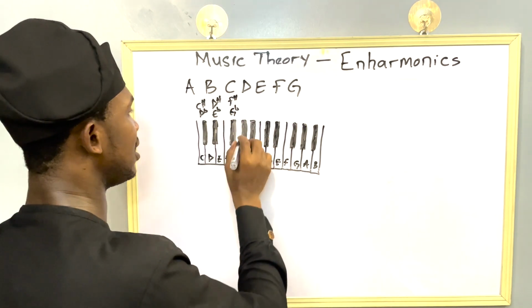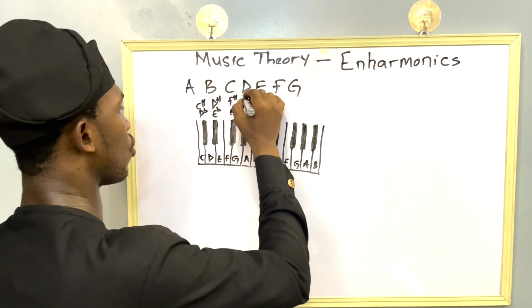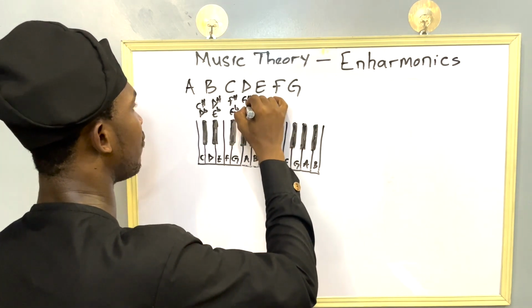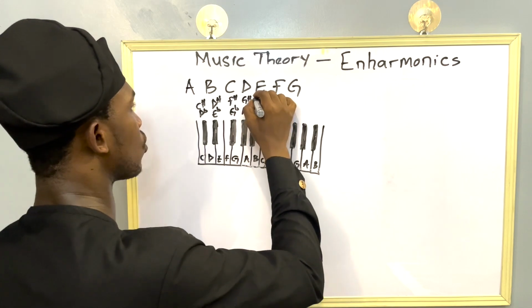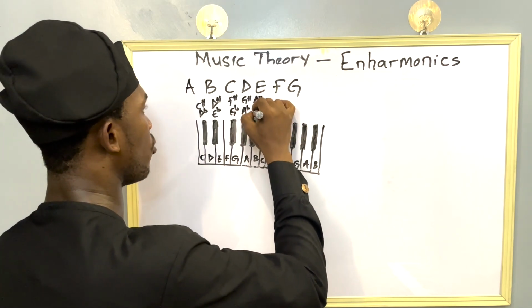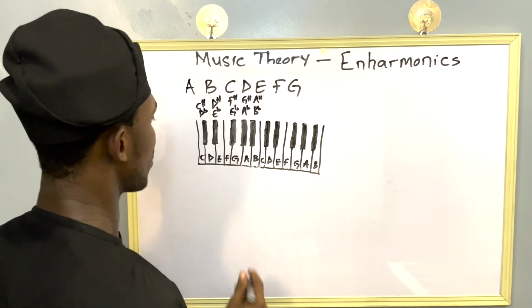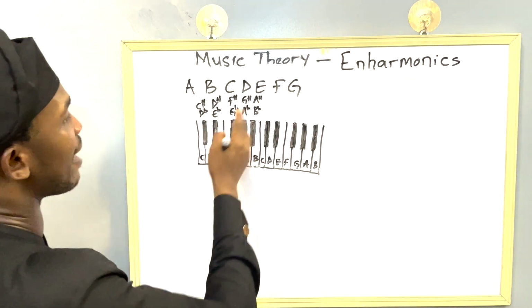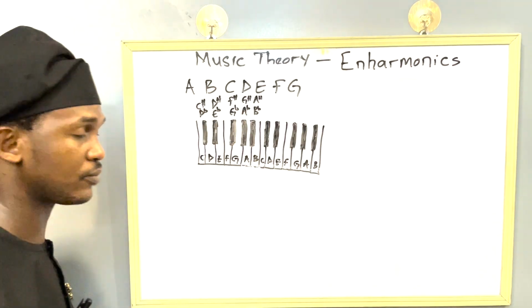This particular note is called either G sharp or A flat. This one is called A sharp or B flat. And then we are back again to the beginning. So these are enharmonic notes.